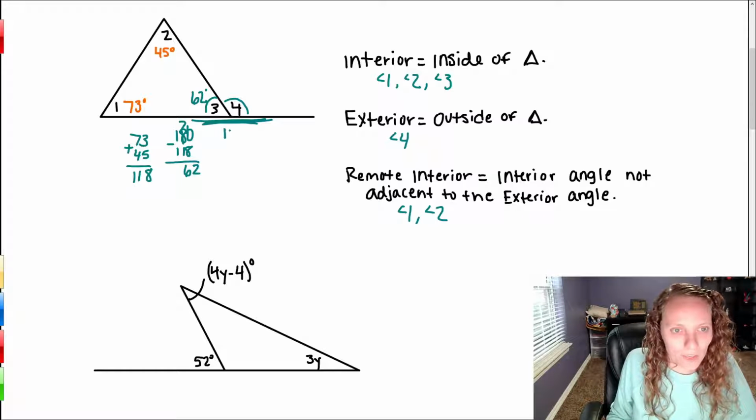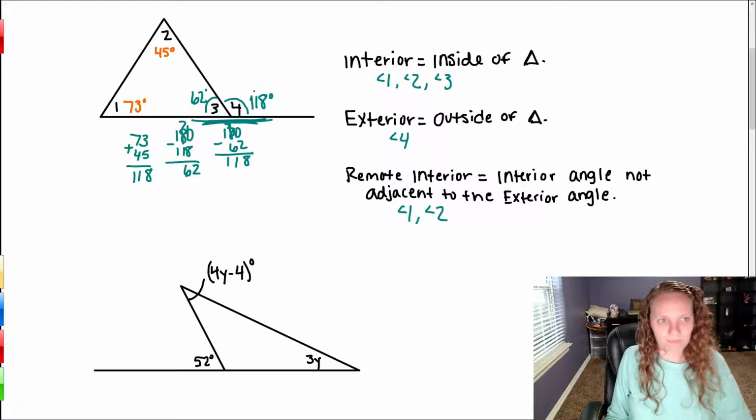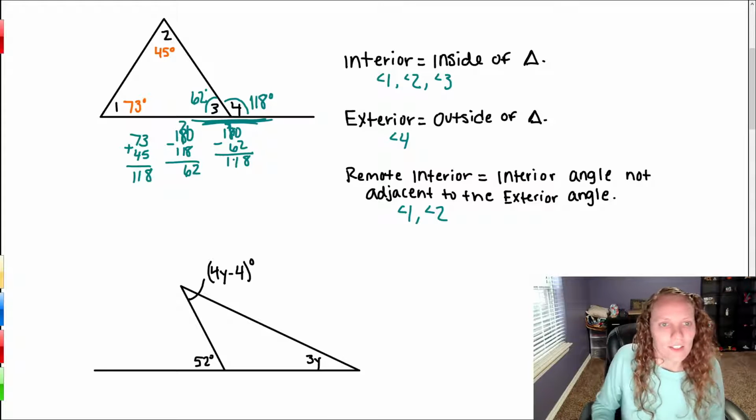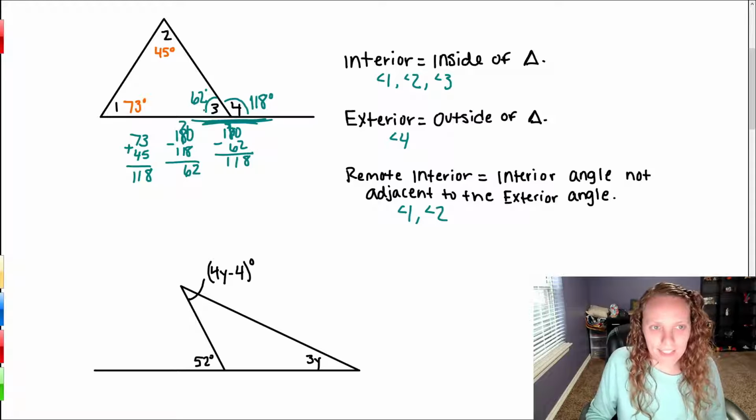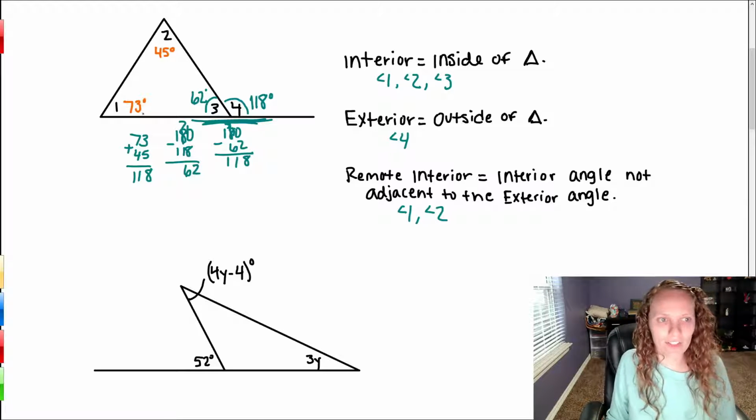So now we're going to take 180 and subtract 62 from it, and we're getting 118 degrees. If we take 118 and add 62, that equals 180 degrees. If we take 45, 73, and 62, that also adds up to 180 degrees.